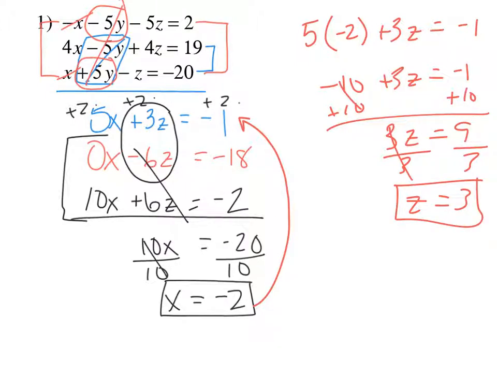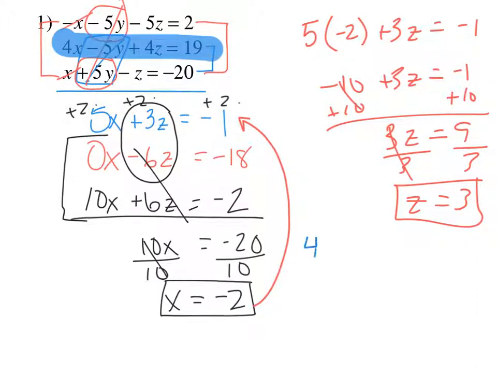Now that I have two variables, my x and my z, I can plug both of those into one of my three variable equations. And it doesn't matter here, it's whatever you want to do. I'm going to plug it into the middle one just to make this easier.